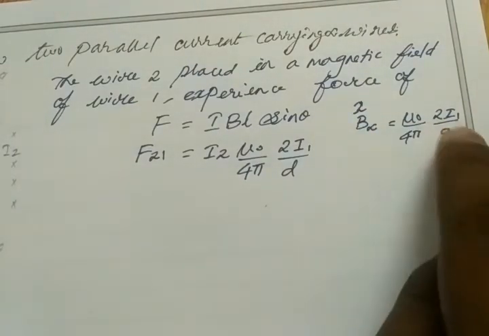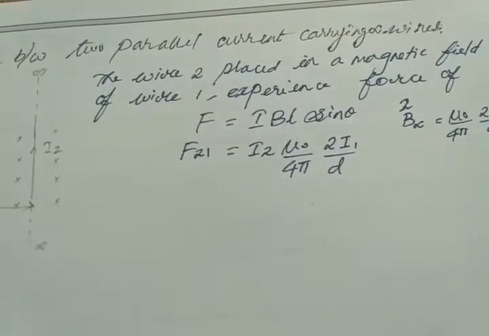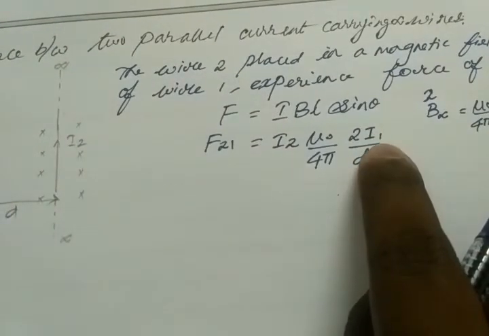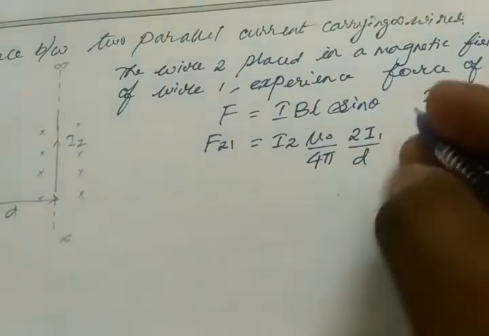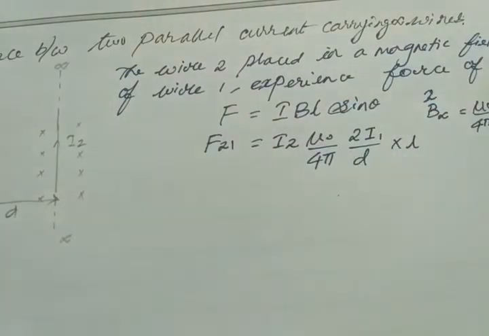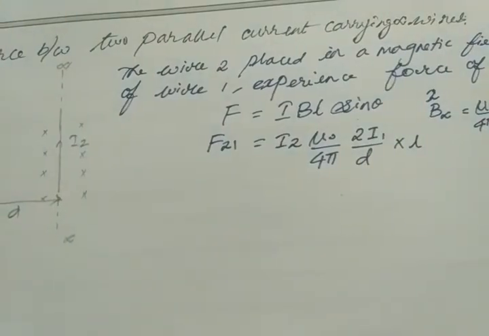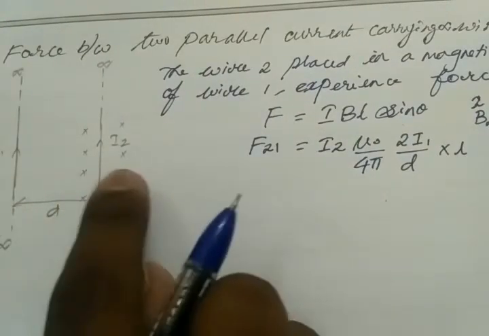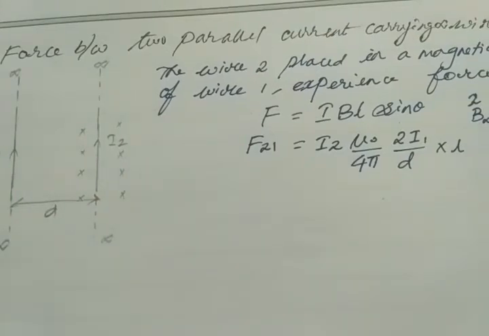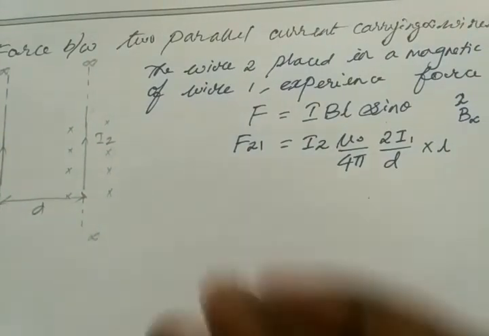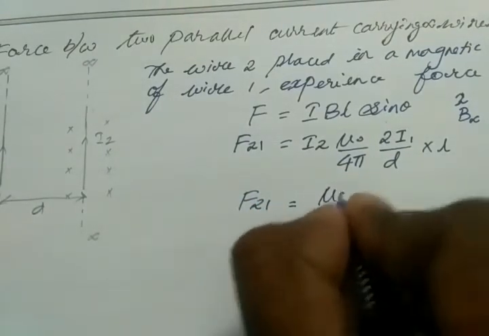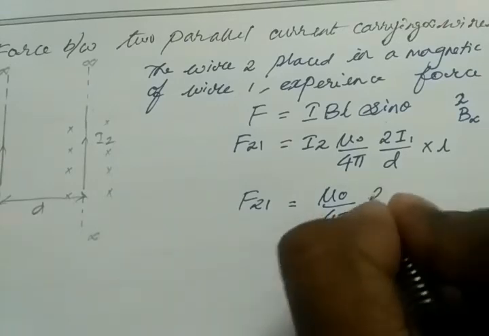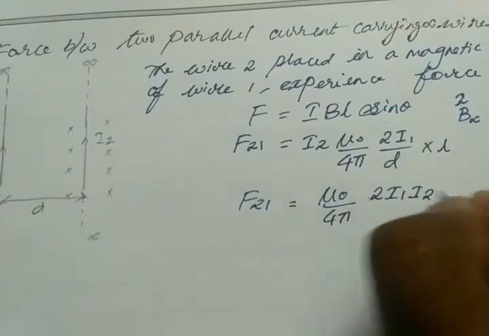So here the magnetic field is produced by the first wire, so I take I as I1. Clear? So 2I1 by D into L. What is sin theta? Theta is 90 degree, because the wire is in the y axis and the magnetic field is in the z axis, so theta is 90 degree. So further I can write this equation, F21 equal to mu naught by 4 pi 2I1 I2 divided by D into L.